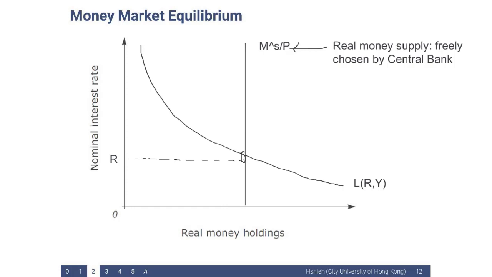So L, again, is the liquidity preference. It represents the trade-off between having cash today and the level of the interest rates. Money supply is determined by the central bank, and therefore the intersection between liquidity preference, or real money demand, and real money supply will determine the equilibrium interest rate.